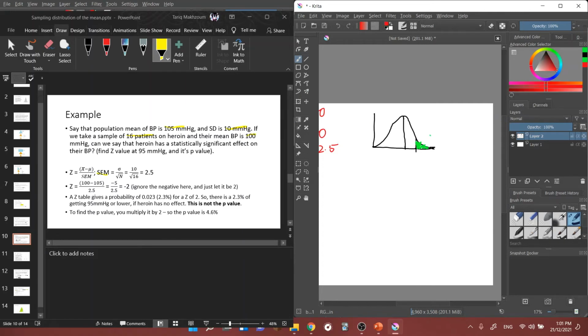This result would be p. Okay, so this would be p, and this result would be 1 minus p, right? So that's this.